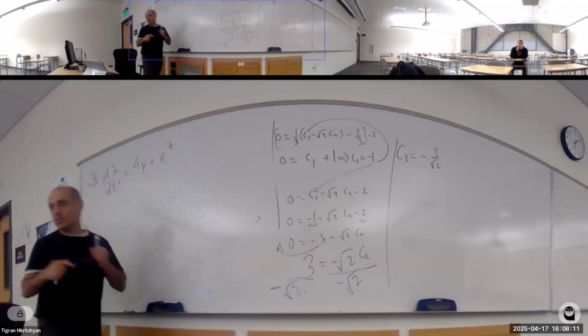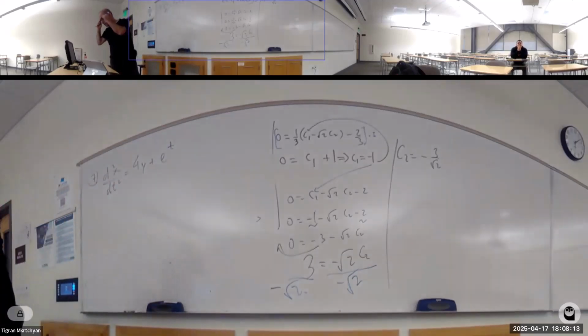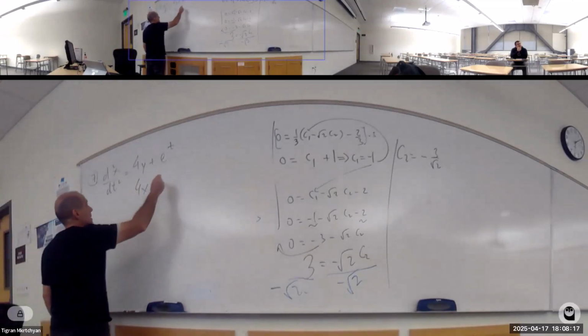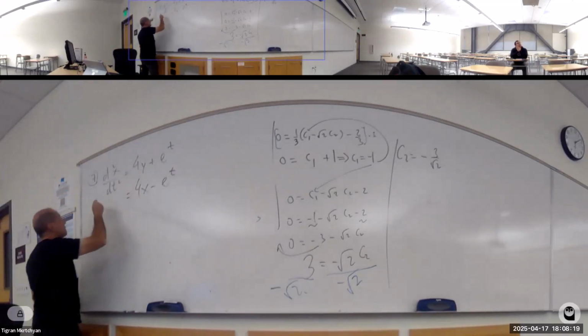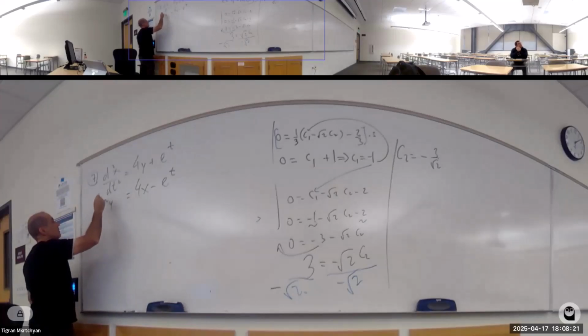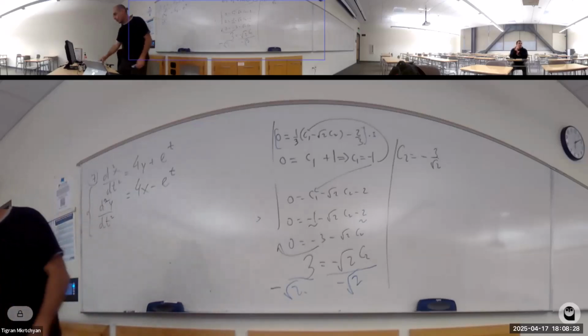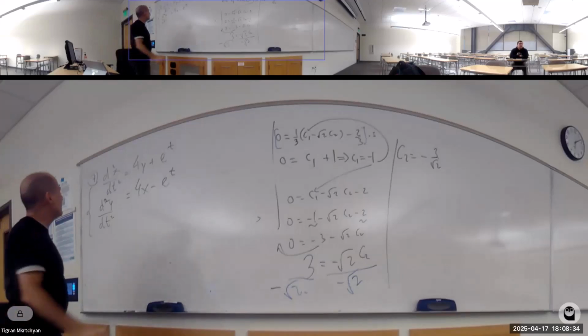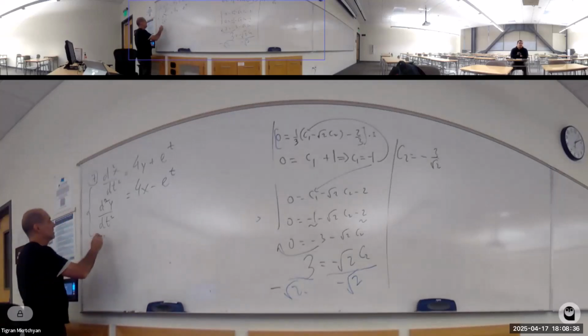And then the second derivative of y equals 4x minus e to the t. Checking one more time: 4y plus e to the t, 4x minus e to the t. Yeah, cool. Let's write this with the notation we did the other guys.